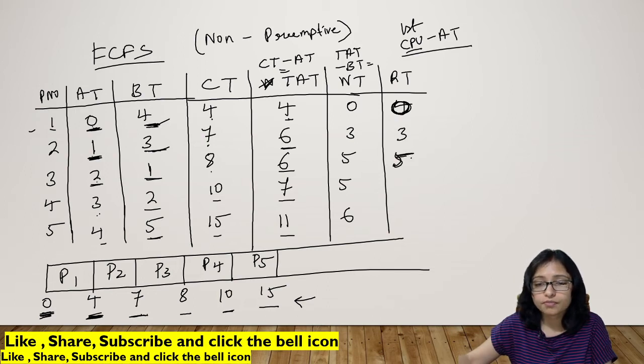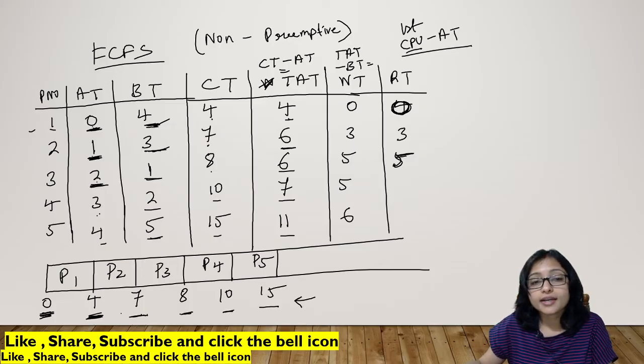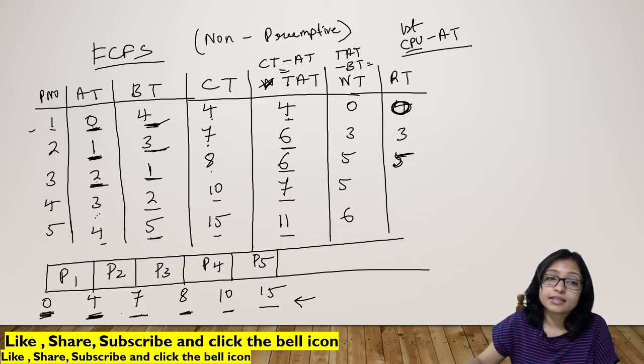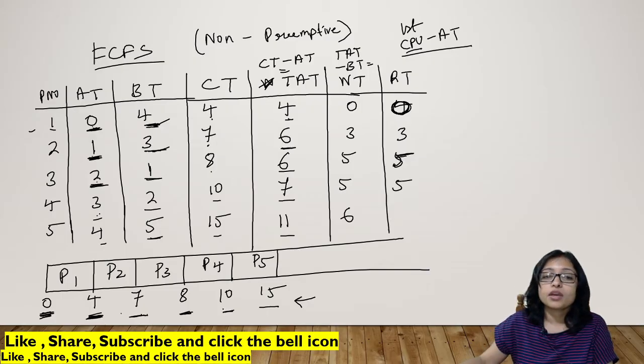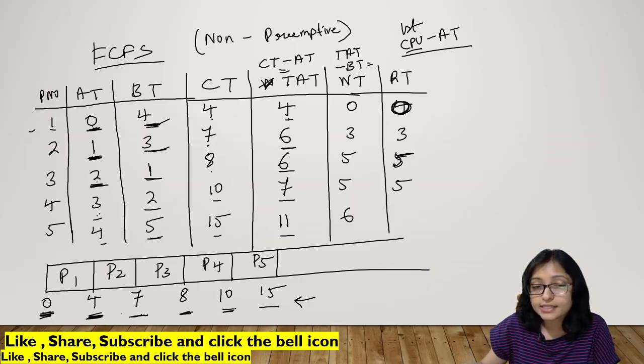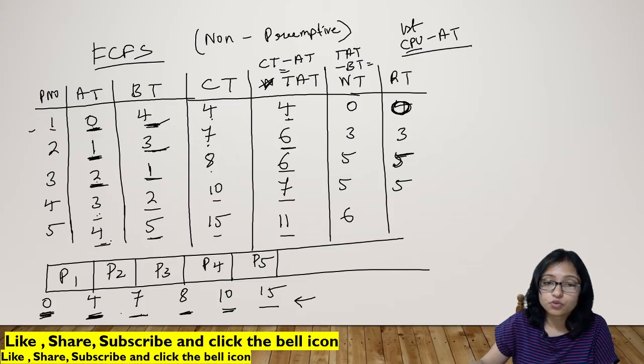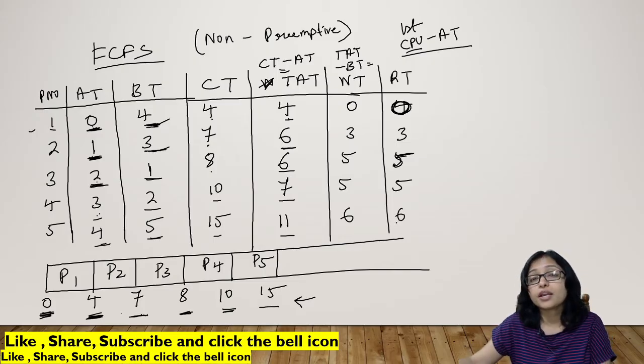Here it is 8 and arrived at 3, so 8 minus 3 will be 5 again. Here it gets the chance at 10 and arrived at 4, so it will be 6. So here you can see one thing: the waiting time and response time are the same.